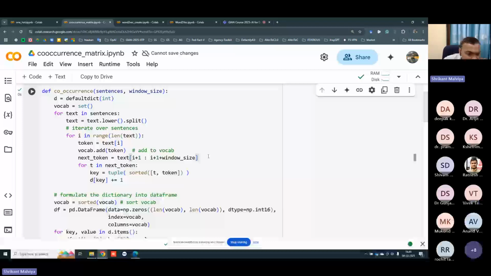Here, the current word is taken into consideration as a token, and based on the window size, the next set of tokens in the sequence will be considered as pairing up and counted as co-occurred words. So that's how. Good doubt. That question needed to be cleared. It's a very important point for the co-occurrence matrix. I'm glad you asked.